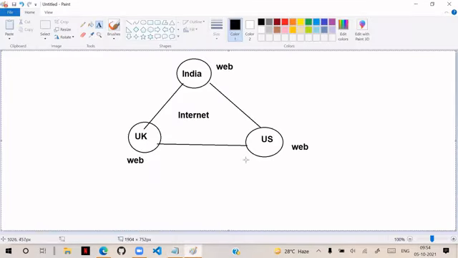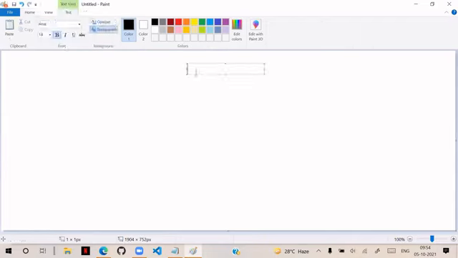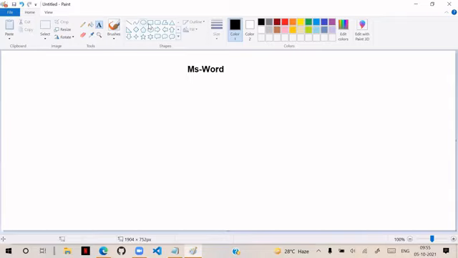Let's take another example. Suppose we have MS Word, and in MS Word we have a page, a paper.